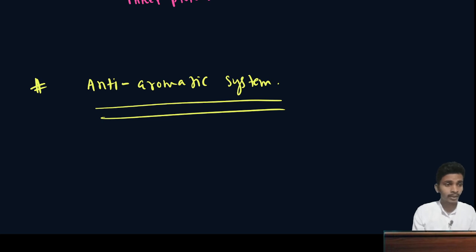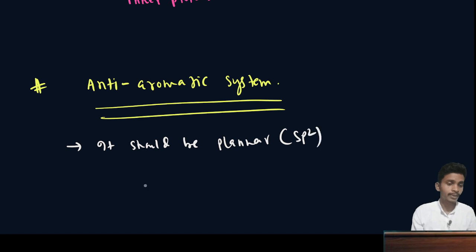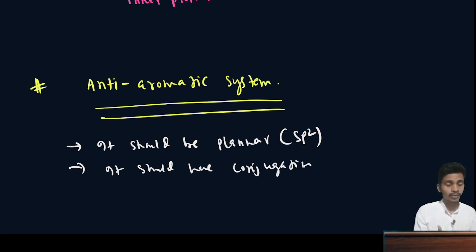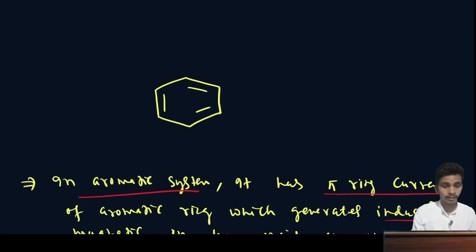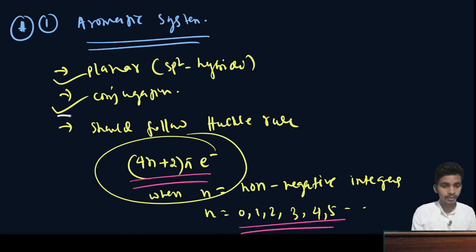The Huckel rule says that the molecule should be planar, that means sp2 hybridized, and it should have alternate conjugation, meaning alternate double bonds should be there, and it should be cyclic. It should be cyclic. I had forgotten to write that earlier.